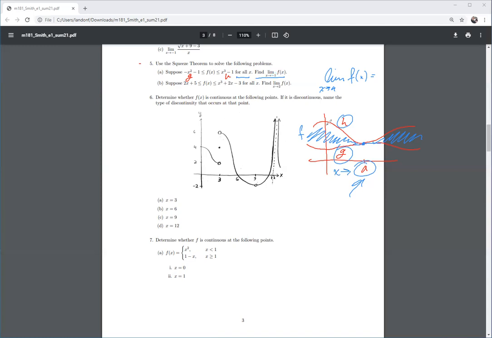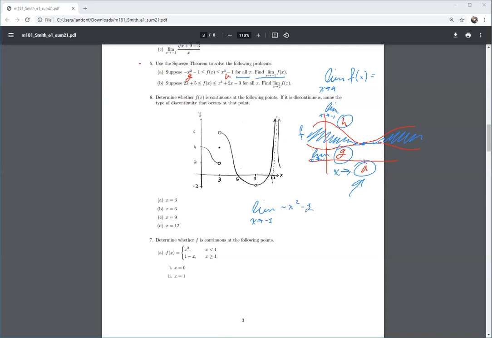Okay, so now we're going to find the limit as x approaches -1 for h, and we're going to do the limit, sorry, my handwriting is horrible, as x approaches -1 for g as well, right? Okay, so the limit as x is approaching -1 of g, which is -x² - 1.